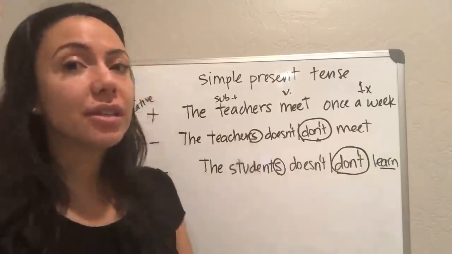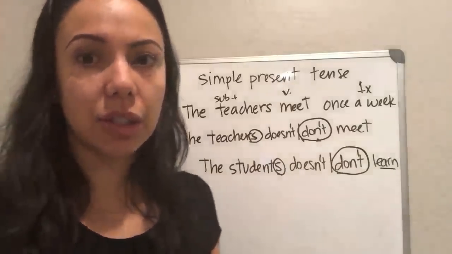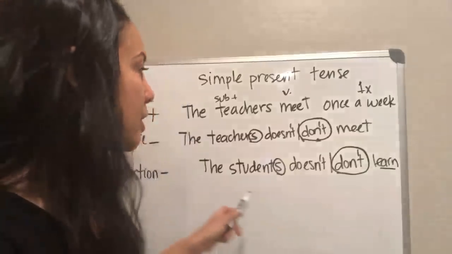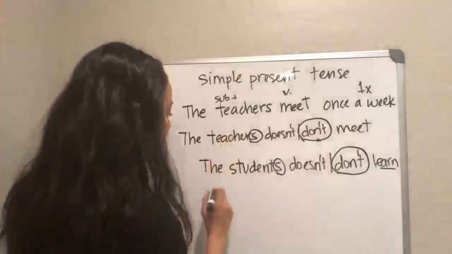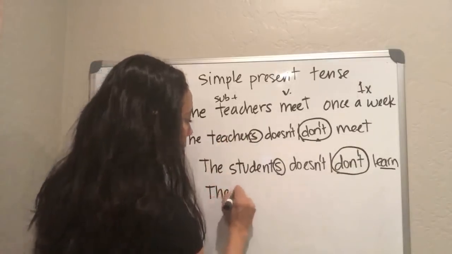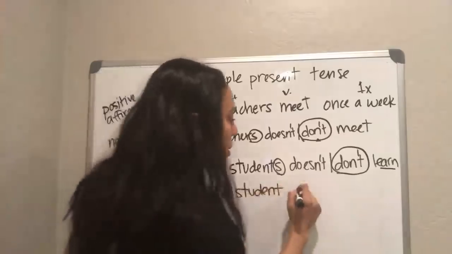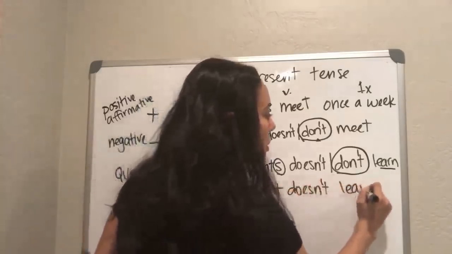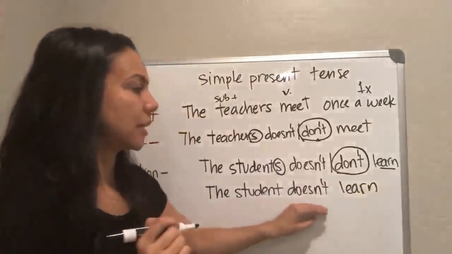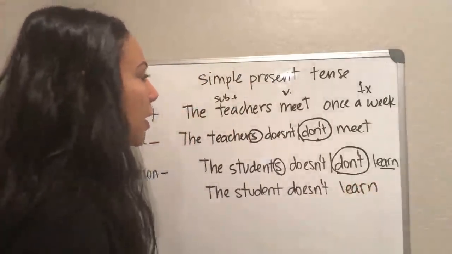Now let's do this too. What if it's just the student? The student, singular, we're gonna do doesn't learn. The student doesn't learn. You want these to agree.